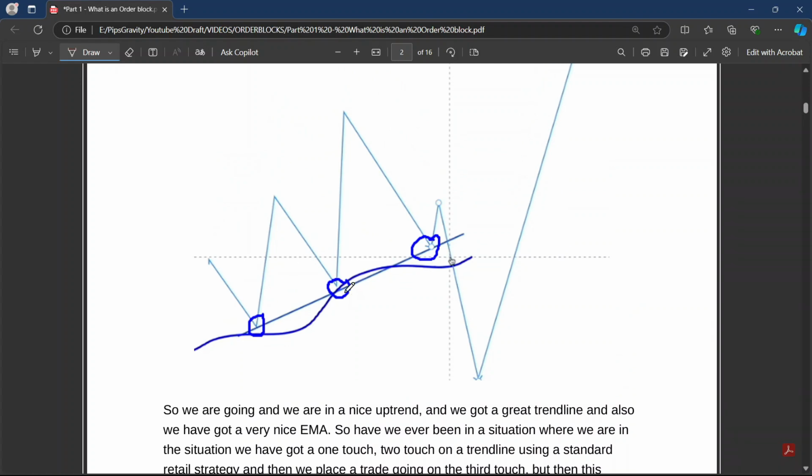Now, the institutions are aware of these strategies. So they engineer this liquidity, they prepare these people. So we have the first touch, the second touch. Now, if the price comes up here, when it was up here, a retail trader already drew the trend line in this position. So he's waiting for the price to come down here to touch this so he can buy it up again.